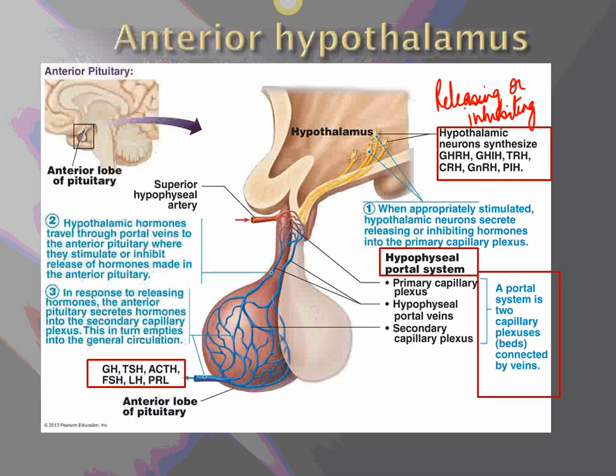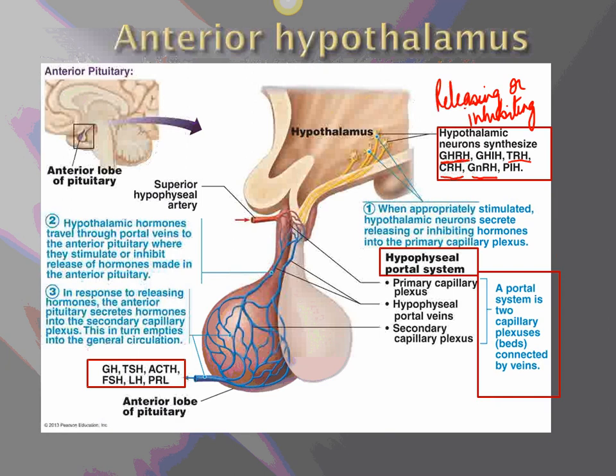The releasing hormones are growth hormone releasing hormone, thyroid releasing hormone, corticotropic releasing hormone, and gonadotropin releasing hormone.